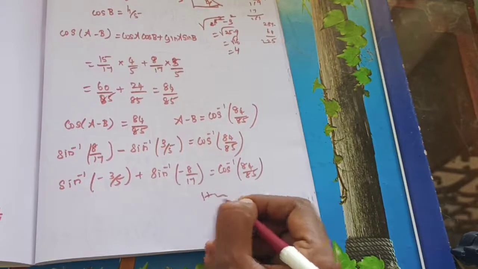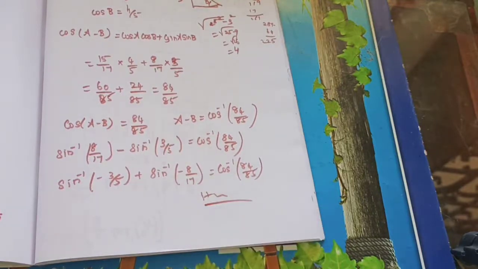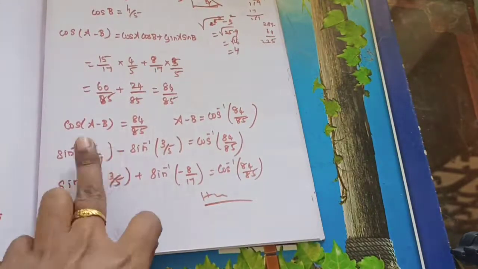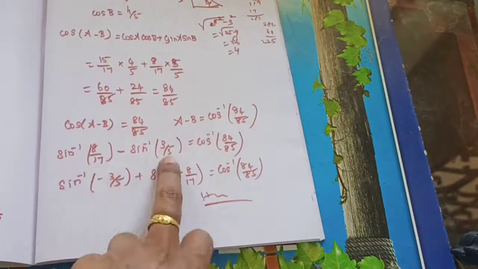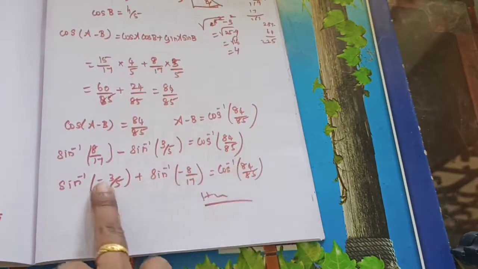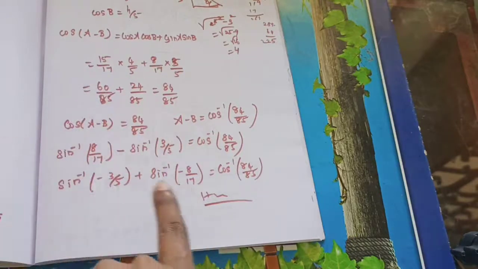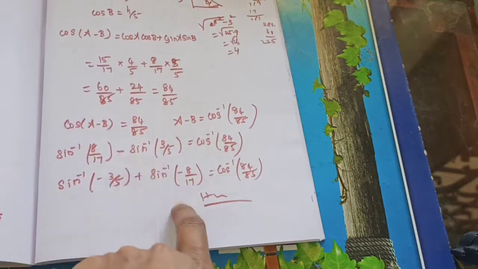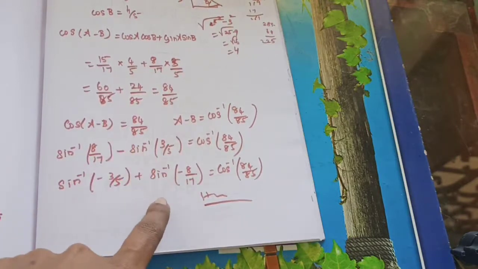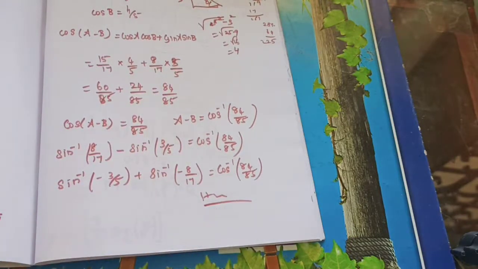So hence, understand? So it is cos of A minus B. Is it right? Now, I am considering this reverse part. So that is sine of A minus B, same as in the question. So like this, when you are taking also, same answer only we get.